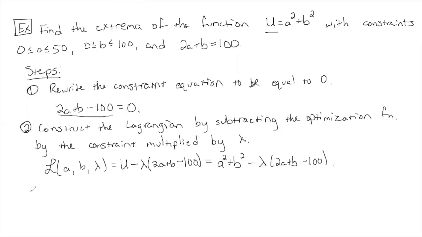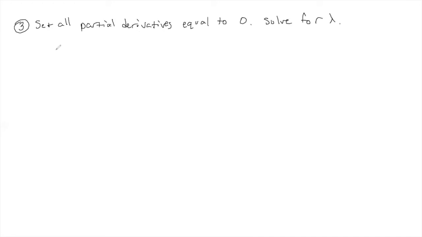Okay. Now I'll start a new page here for this. Step 3. Set all partial derivatives equal to 0. Okay. Then solve for lambda. Okay.